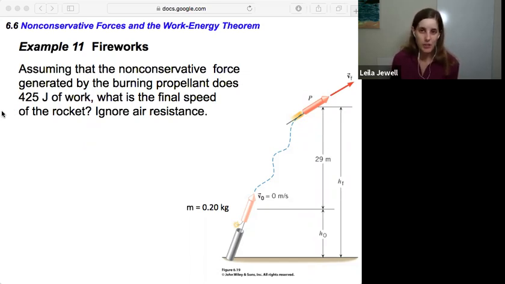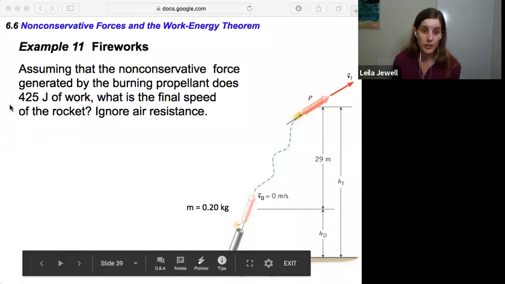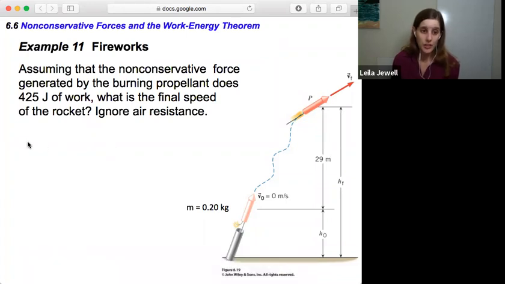So it's not something you usually have an equation for with the non-conservative work, unless it's just our standard work equation, force cosine theta times the displacement. So we're going to go to that work-energy theorem and use this 425 joules as our work done by non-conservative forces. So that's what I want you to hold in mind.